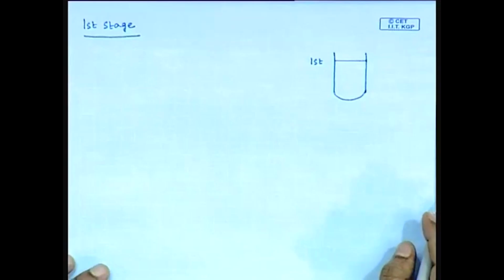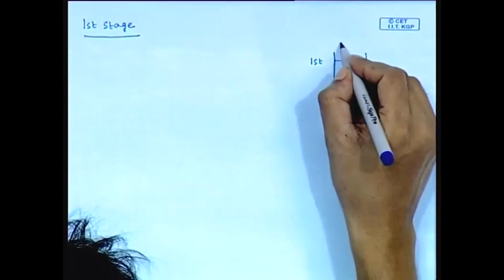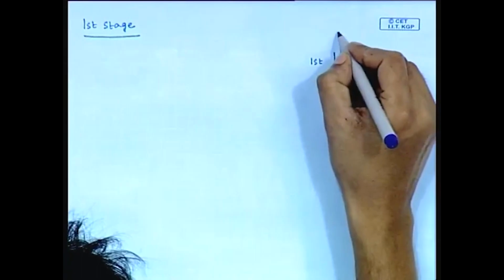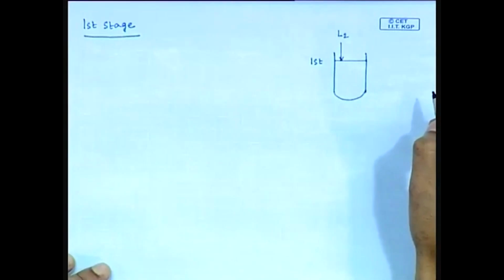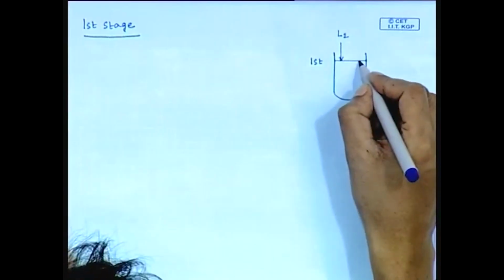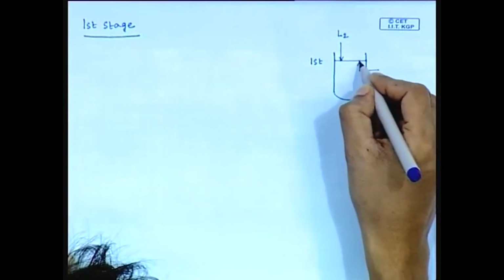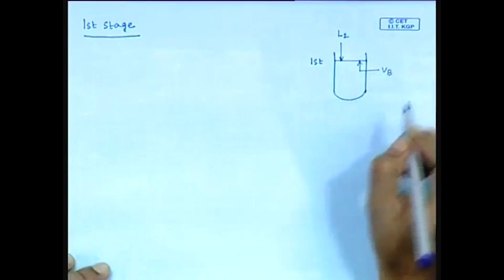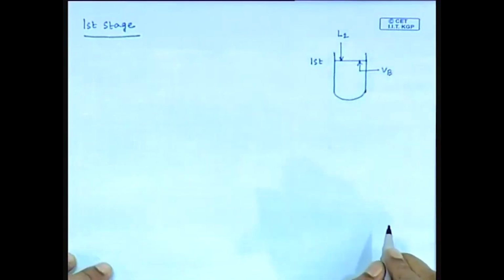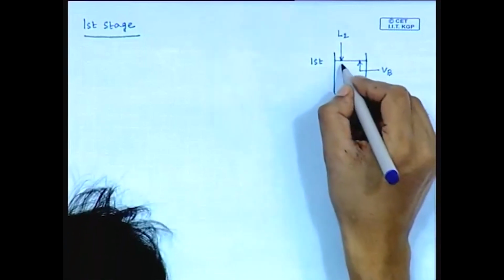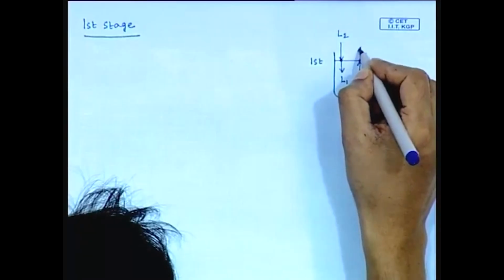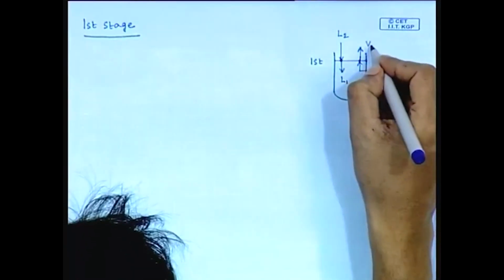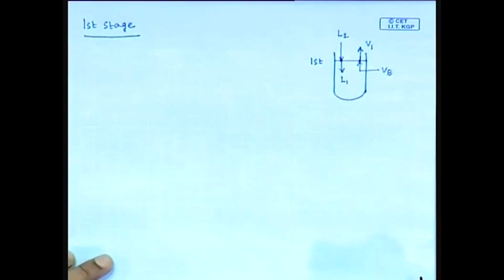Fine. Now, input liquid flow rate, one is L2, another input stream is VB, which is coming from the reboiler. Outgoing streams are, one is L1, another one is V1, fine.